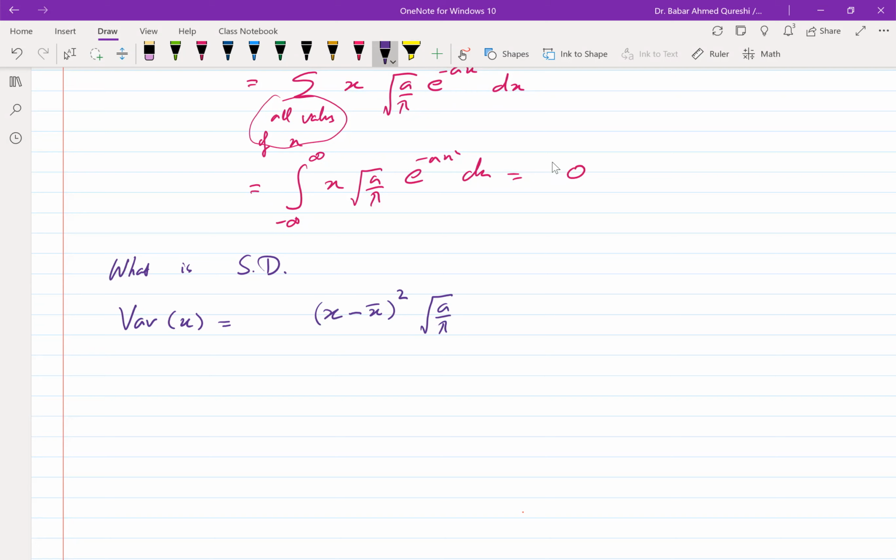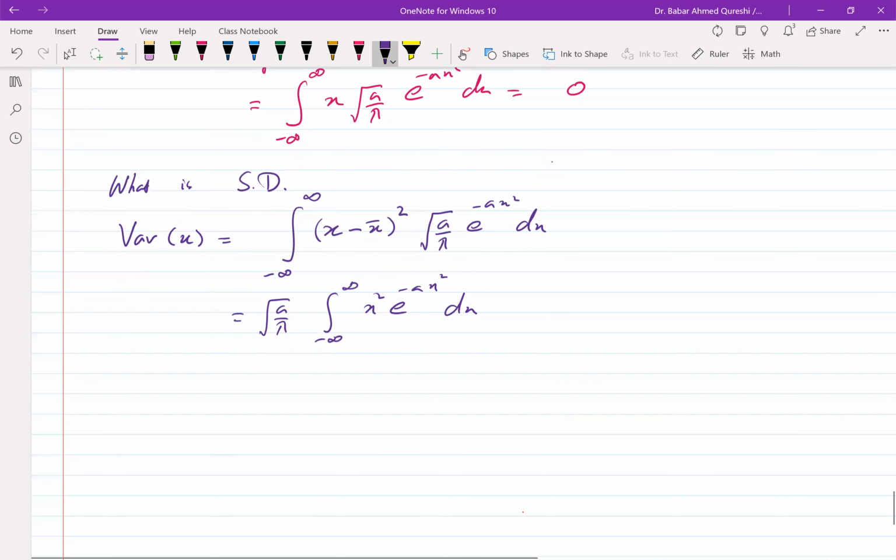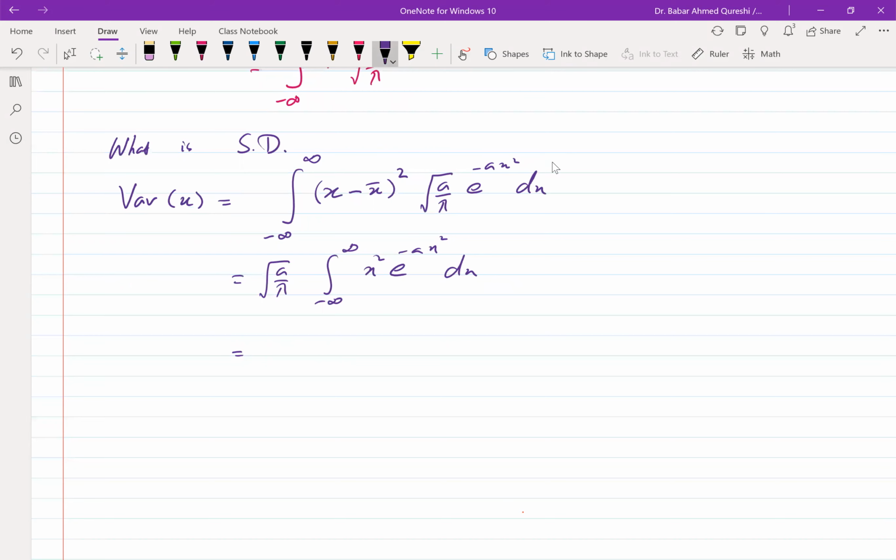The probability is the probability density function multiplied with dx, and now you sum over all the possibilities. Mean is 0, so it's just this integral. I had already computed it before; I have shown you. That's why I had written this value. It's 1 over 2a.